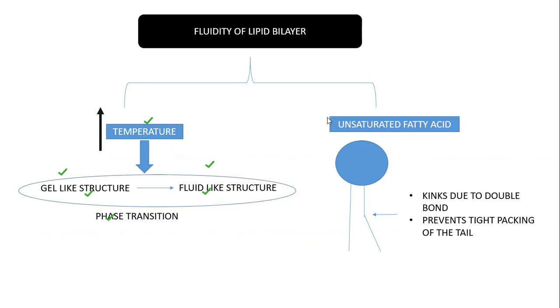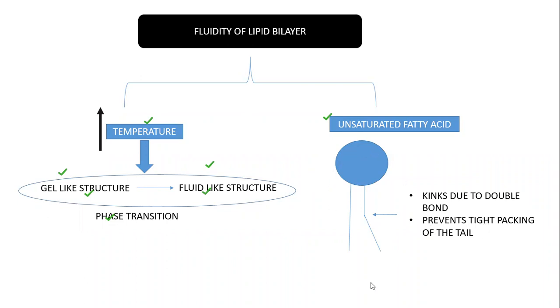And another thing is the presence of unsaturated fatty acid. What is the meaning of this unsaturated fatty acid, and what is the difference with saturated fatty acid? In case of unsaturated fatty acid, there is a double bond in the tail region. But in case of saturated fatty acid, there is no double bond. So if unsaturated fatty acid is present, then what happens?